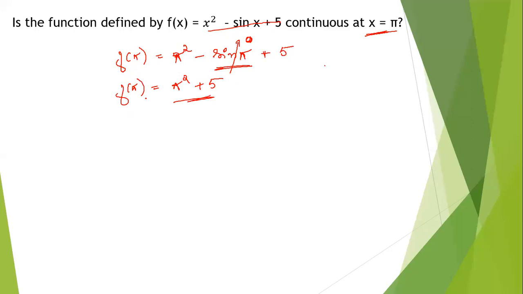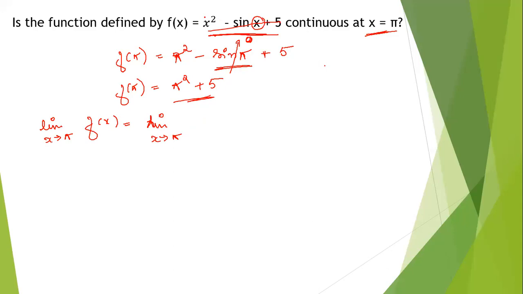What will be the limit? Do we need to find the left hand and right hand limit? We can directly find the limit. Limit x tending to pi, f of x: here we need not find left hand and right hand limits because the function is not splitting, correct? The limit also gives the same value because this is an expression, so you just need to substitute pi wherever there is x.